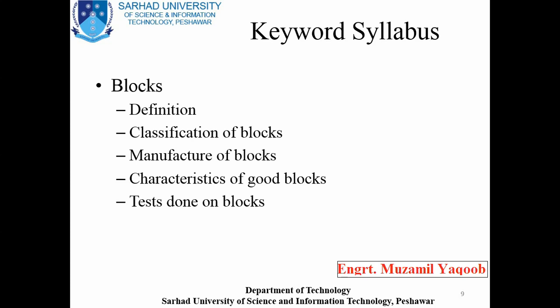For example, just like we discussed earlier about bricks, here we will discuss again. The first one is absorption test, another one is crushing strength, and the last one is hardness test. So these are the tests done on blocks.